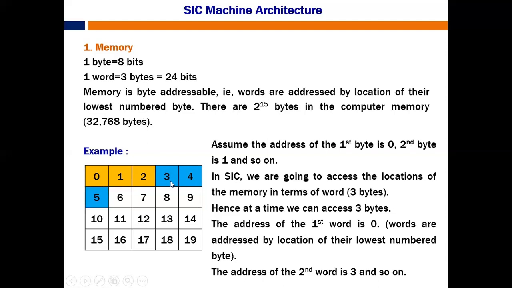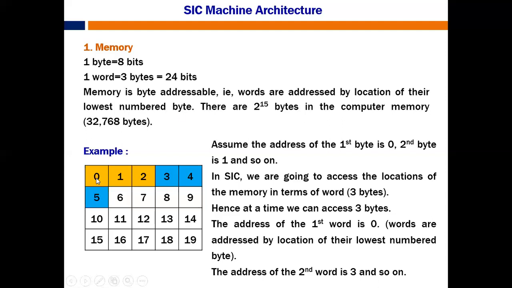And then we will go with the next word. The next word's byte numbers will be 3, 4 and continued with 5 here. So the second word starts at byte number 3. That is why we call it words are addressed by location of their lowest numbered byte.